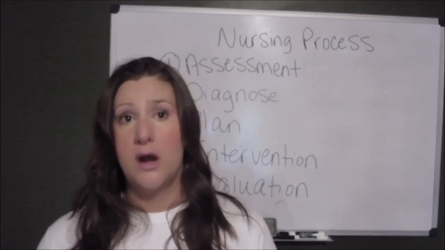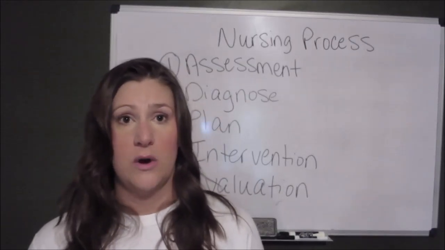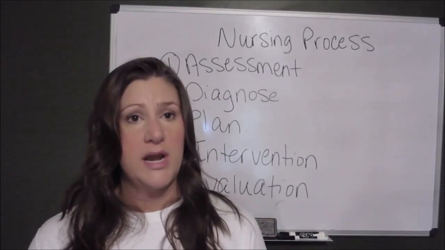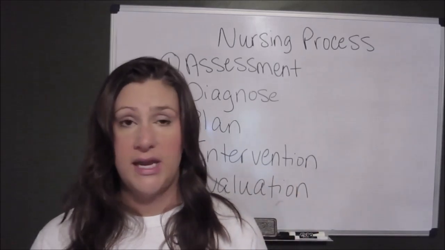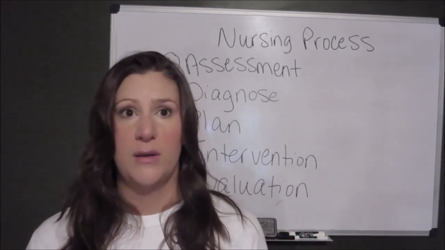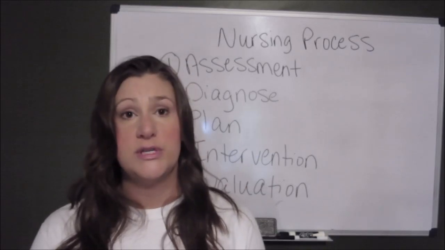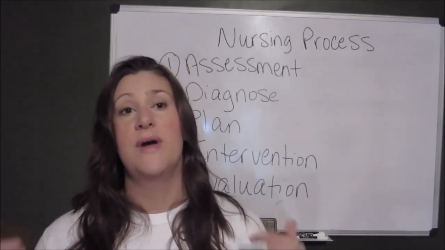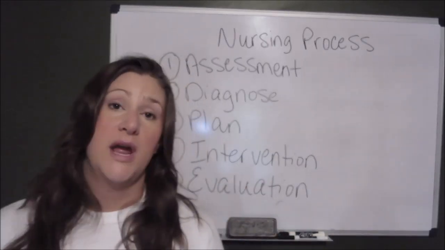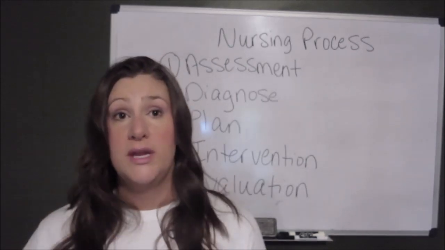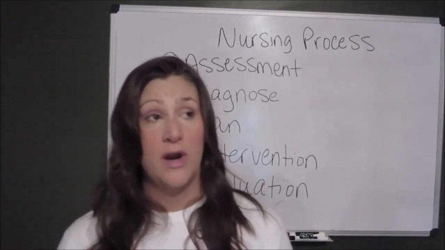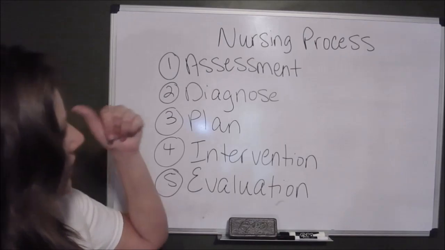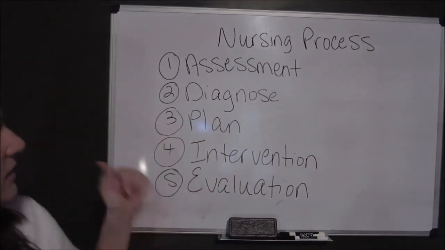And always, always, always use your ABCs, all right? Let me just caution you right now, don't go straight to pain or infection as a priority problem. 99.9% of the time there's something else of higher priority, either the airway, their breathing, or their circulation, all right? So nursing diagnoses or priority problems.